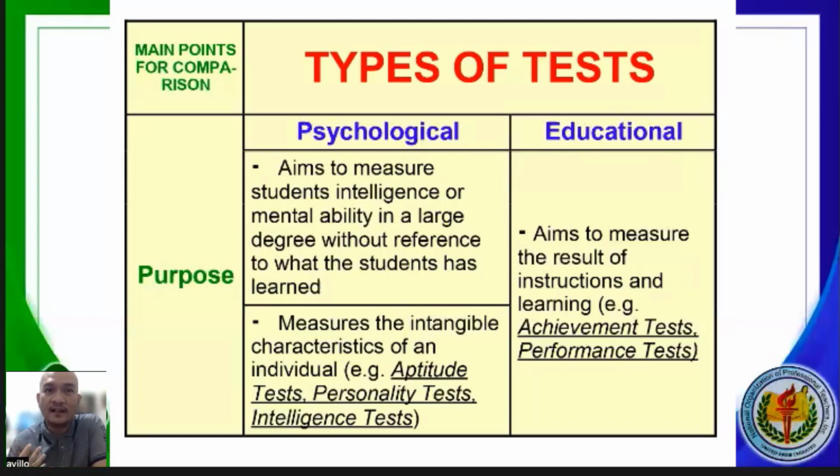Kung saan sila, anong intelligence meron sila, kung sa sports, sa music, ano pa, sa numbers smart ba sila, or sa interpersonal smart. That's an intelligence test, which is a psychological purpose type of test. Okay?